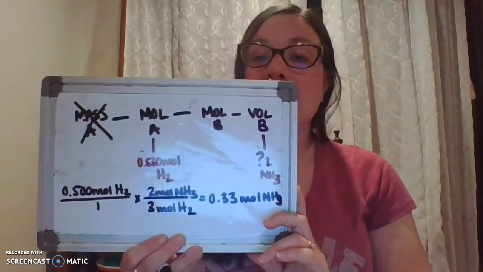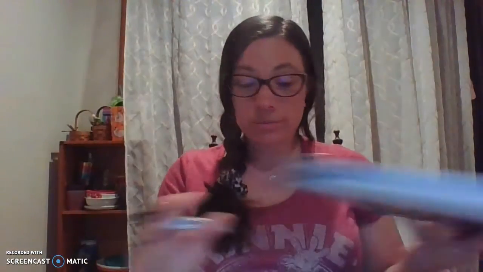So I'm going to be converting moles into volume. Now, if you recall, the volume was what we didn't know, but we did know pressure, temperature, and now we know number of moles. So we're ready to use the ideal gas law equation. We know pressure is 1 atmosphere.